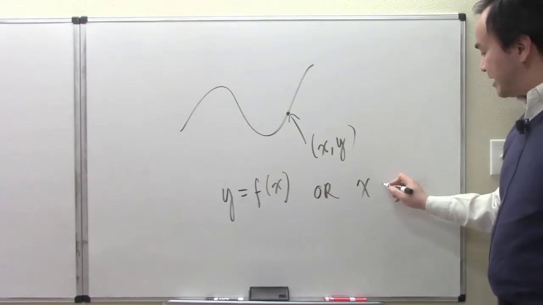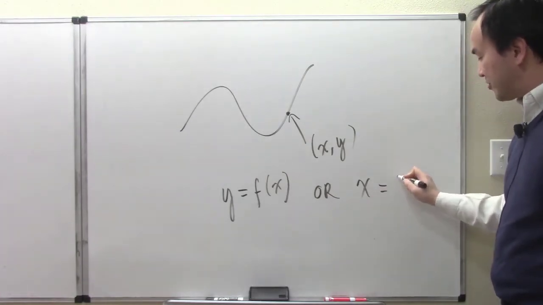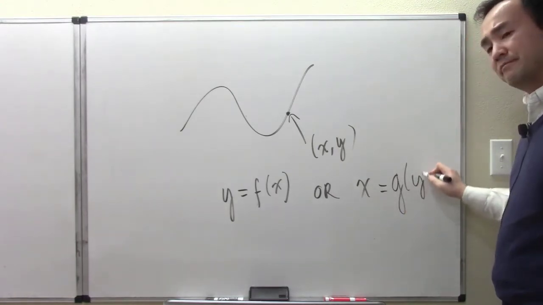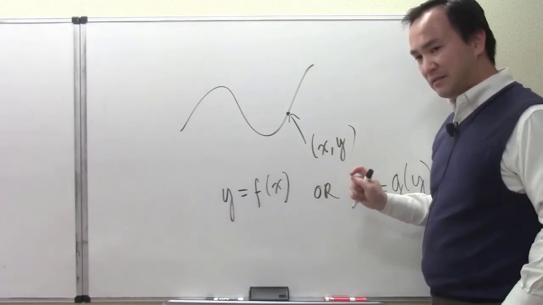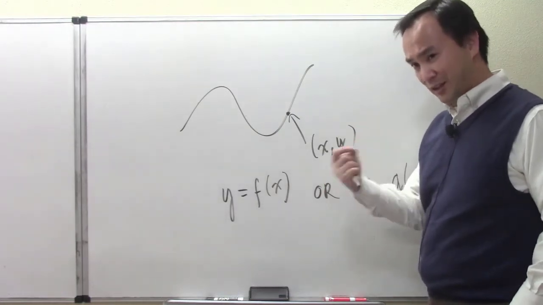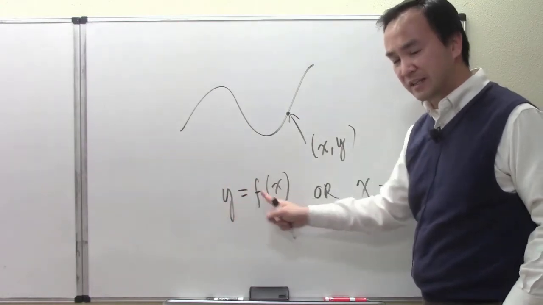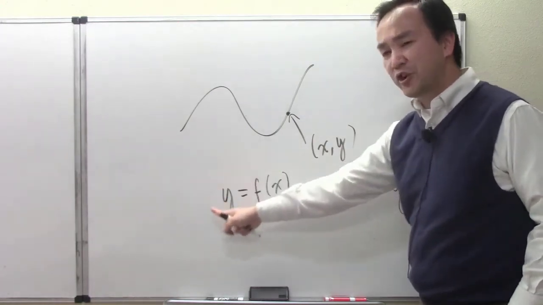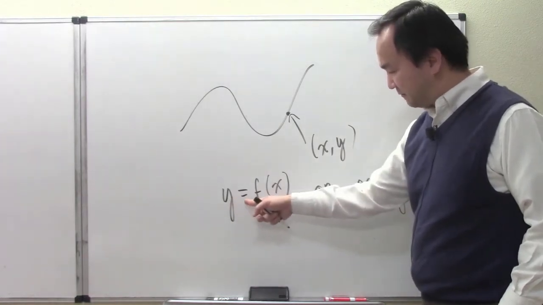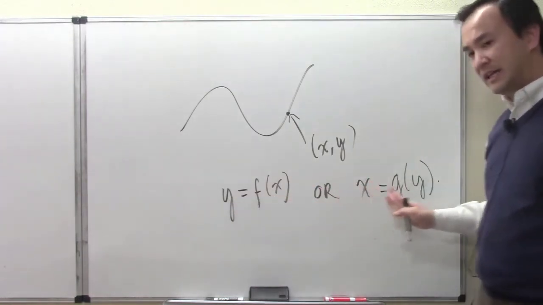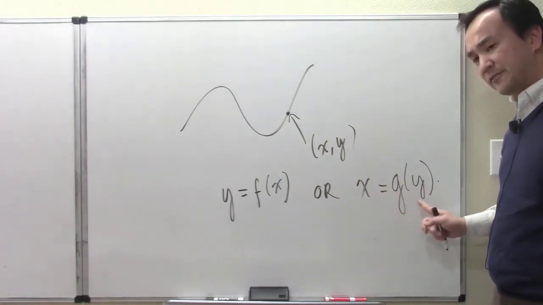In another way of seeing it, you can also see the relationship between x and y as x being a function of y. So I'm saying that in situations, and those situations will come, where x and y are related through a functional relationship like this, y is a function of x, or in the other scenario, x is a function of y.